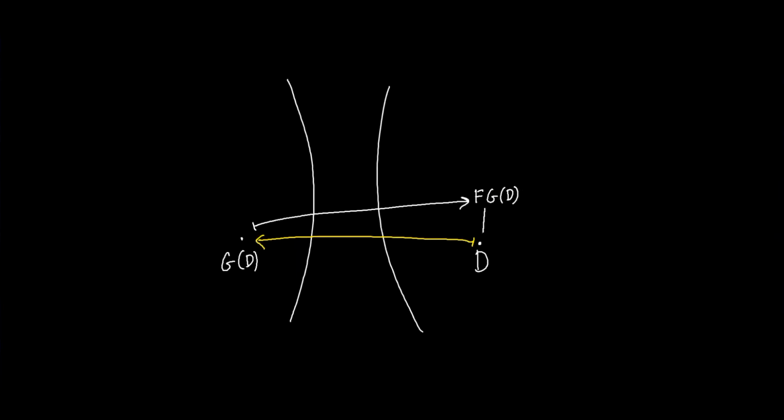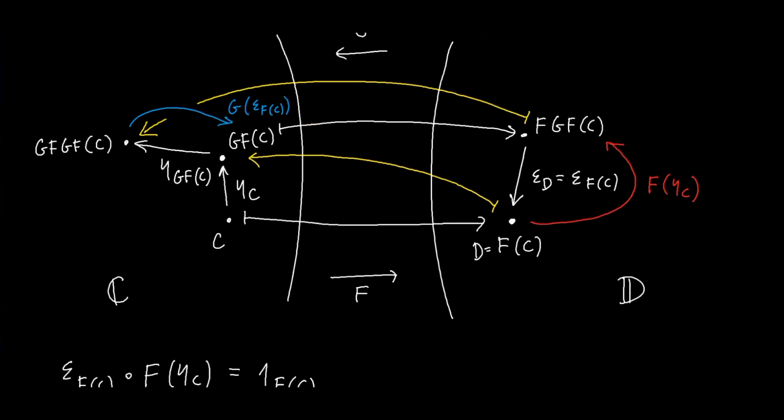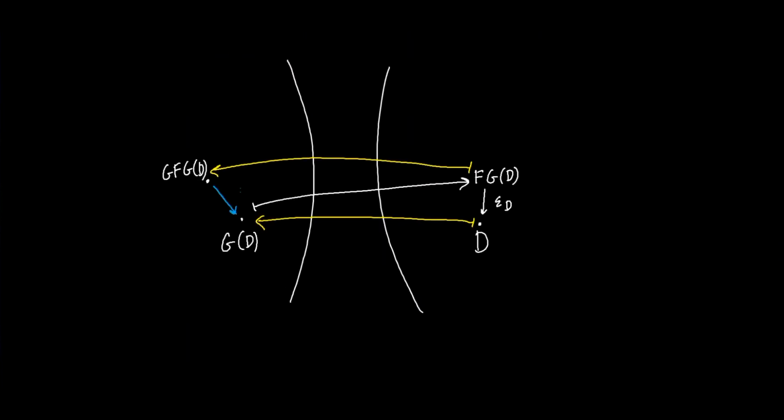So I'm going to start with an object D. Then I'm going to map it by the functor G. I'm going to get G of D. Then I'm going to map it forward by the functor F. I'm going to get F of G of D. And here I have my epsilon of D. And then I'm going to map that epsilon of D by the functor G, which will give me a morphism from G of F of G of D to G of D. And so I should draw that morphism with the blue color. So this is G of epsilon of D.